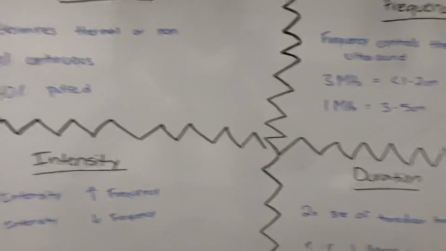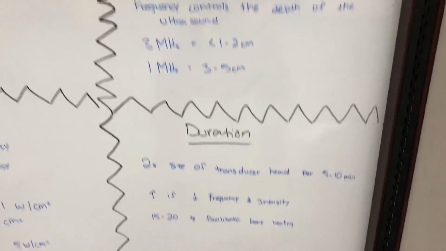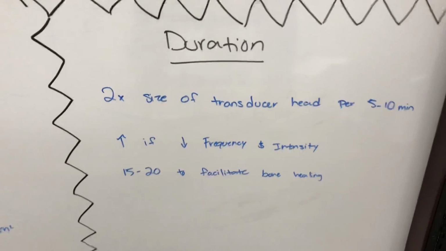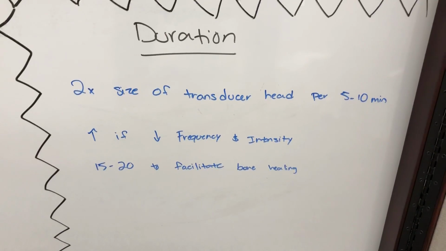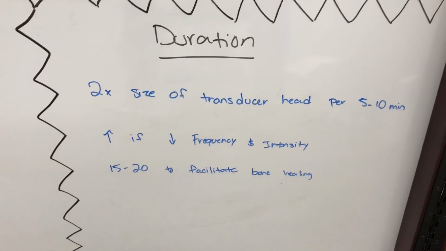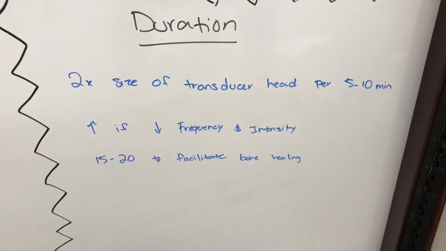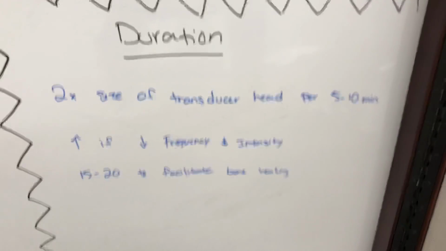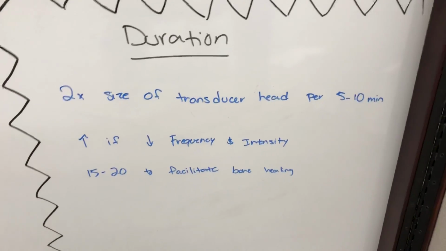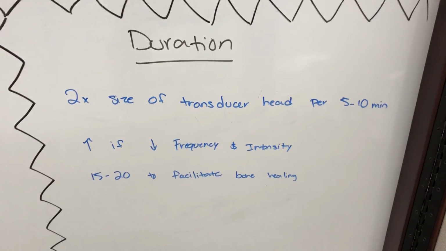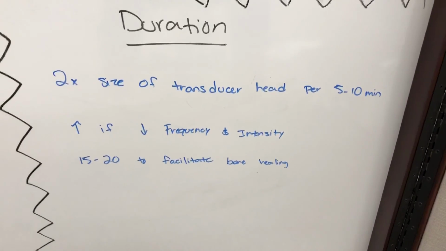And then last on our flow sheet, we have the duration. For any area that is twice the size of the transducer head, it's 5 to 10 minutes. So if you have an area that is twice the size, you'd go between 5 to 10 minutes.